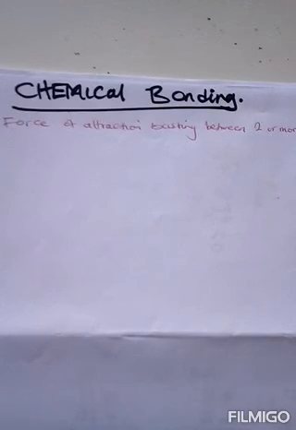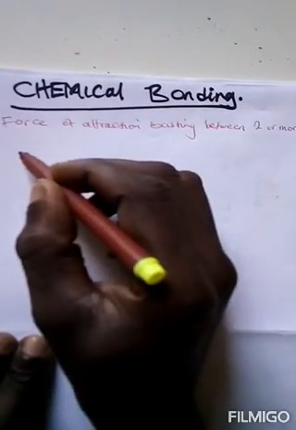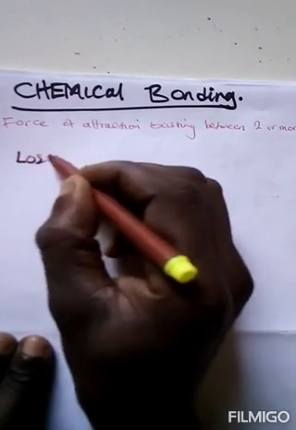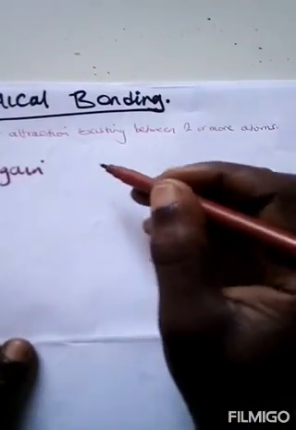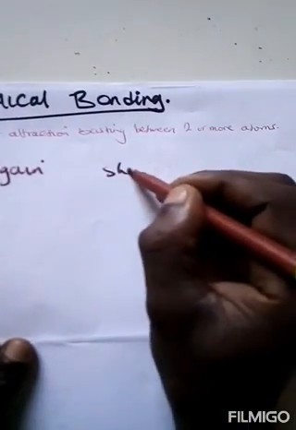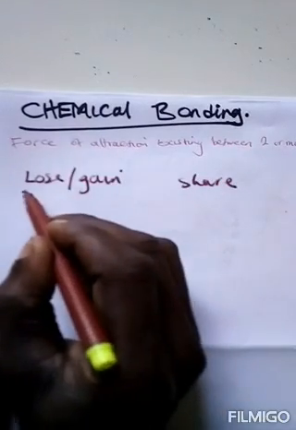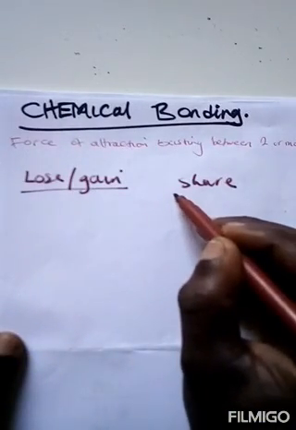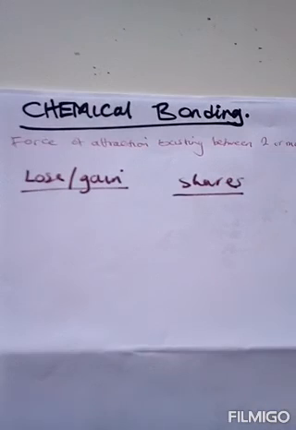A bond is only formed when an element either loses or gains electrons, or even when you share electrons. So a bond is formed when an element loses or gains electrons or shares those electrons.